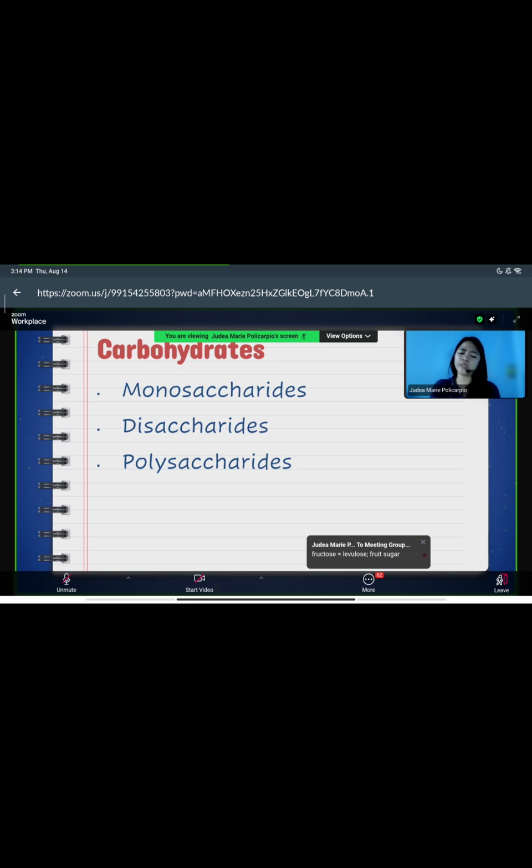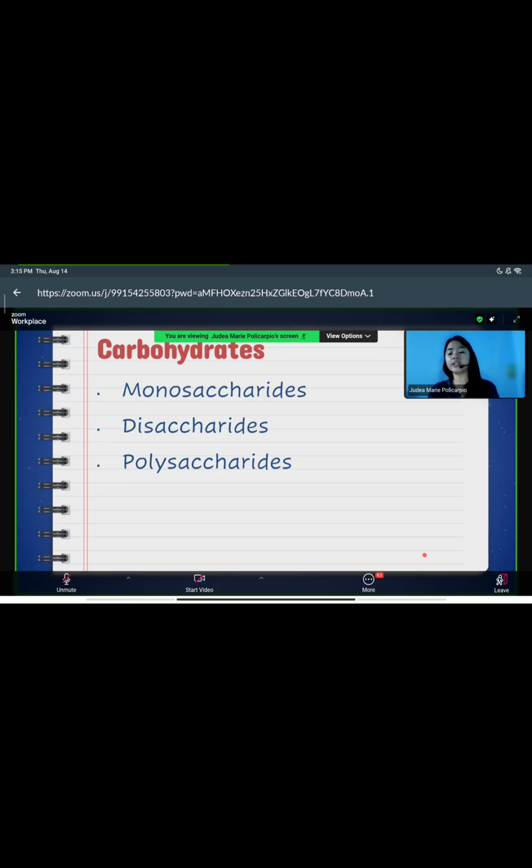And usually, saan dinedetect si fructose? Bihira naman niyang i-detect sa serum eh. Usually, ang fructose, they are detected in the semen or seminal fluid. Fructose kasi, hindi naman yan dinedetect madalas sa dugo eh. Usually, if i-detect man natin si fructose, usually they're detected in the semen or the seminal fluid. Kasi this is produced by the seminal vessels of the male reproductive system.